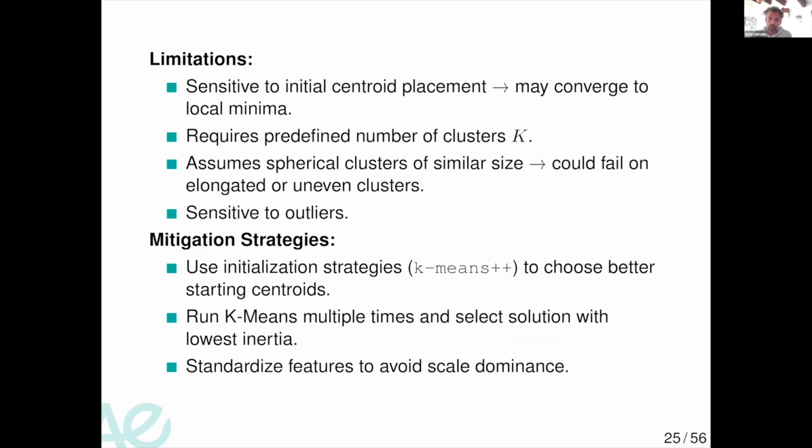So if you have clusters that are not spherical, it could fail, or at least it is not really appropriate, and it could be sensitive to outliers. So there are some mitigation strategies for each limitation, for example, for the initial centroid choice, but I will not go deeper into this.